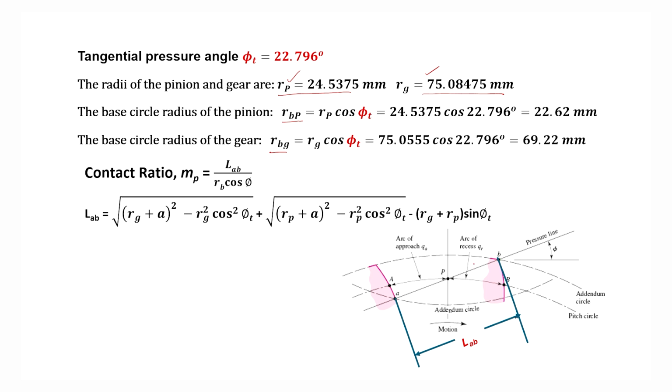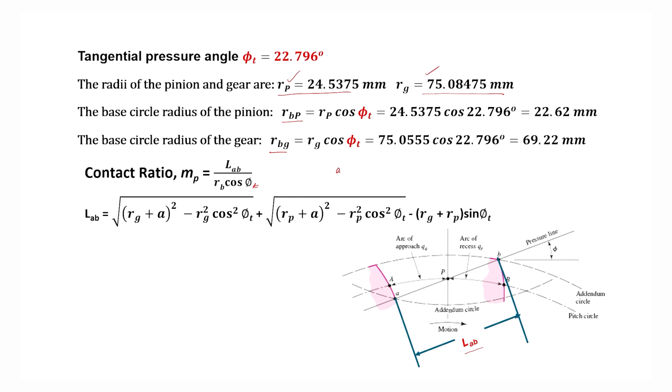So, this length between A and B is called the LAB, which is the contact length, divided by base circle radius cos of the phi t is called the contact ratio, and contact ratio provides us the average number of gear tooth which are in contact, and there is a load sharing. So, knowing the value, this LAB is equal to RG, base circle radius of the gear, plus addendum.